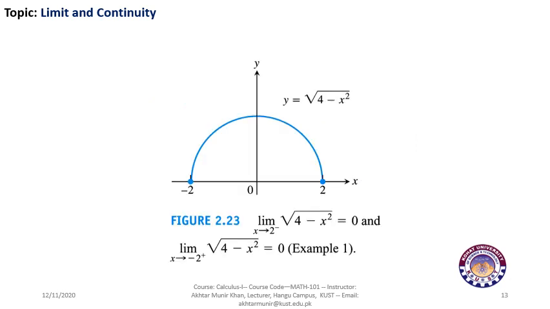So in this situation, suppose we are interested in finding the limit as x approaches 2 from the left. From the left, this is our x equals 2, and if we are coming from the left, then one can see that the limit at this value is the square root of 4 minus x squared, which is 0.